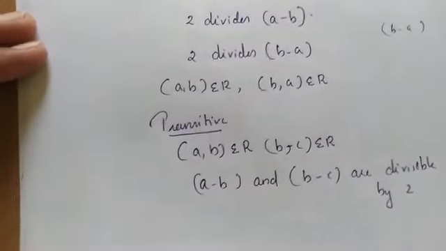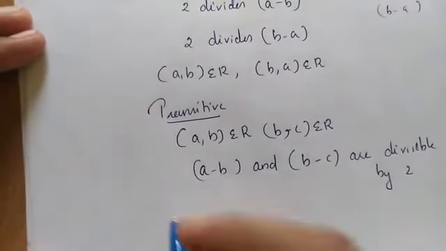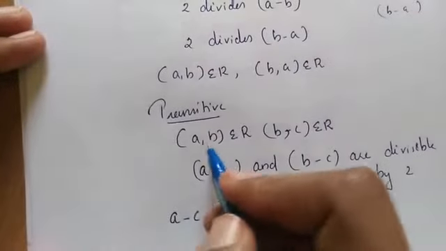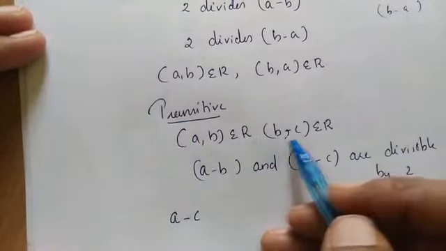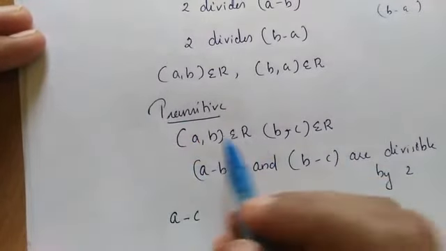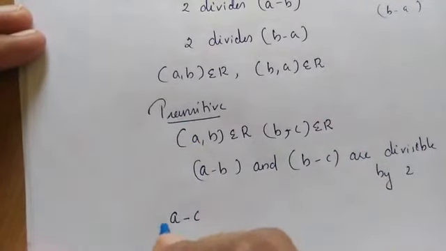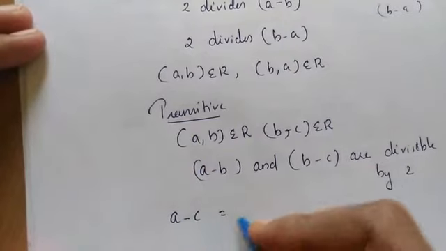There is no doubt for that, because we can divide these two numbers. To prove transitive relation, if a comma b element of R and b comma c element of R, then we have to show a comma c element of R. We have to consider a comma c, that means a minus c.